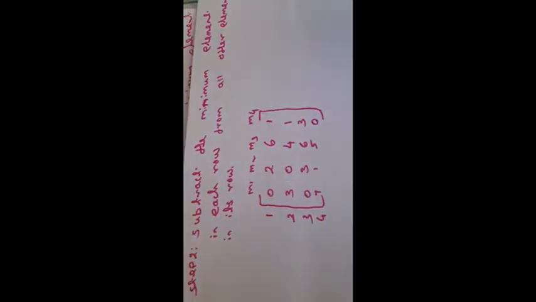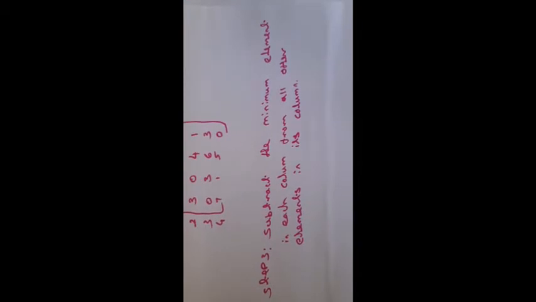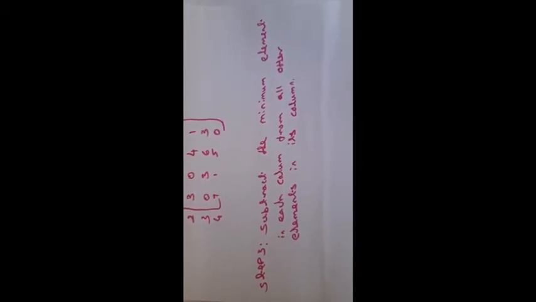3 minus 3 is 0. So next step, we need to subtract the minimum element in each column from all other elements in its column. Like we did row wise, column wise we need to do the same.